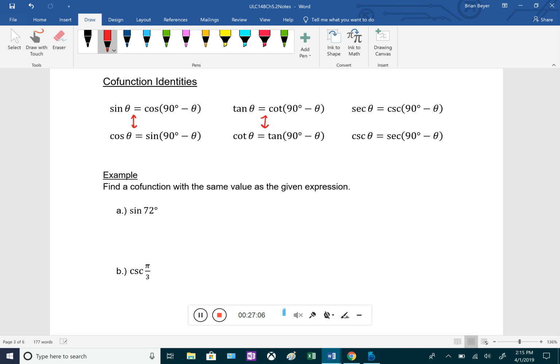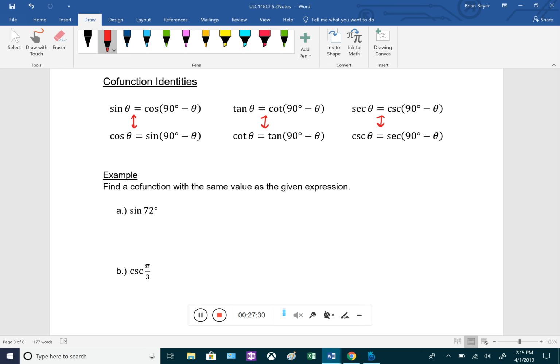Tangent and cotangent are cofunctions, and secant and cosecant are cofunctions. So once again, hence the name tangent and cotangent, secant and cosecant. They're cofunctions of each other. So what this means, if you think back, we'll do the graphs and I'll bring this up again.